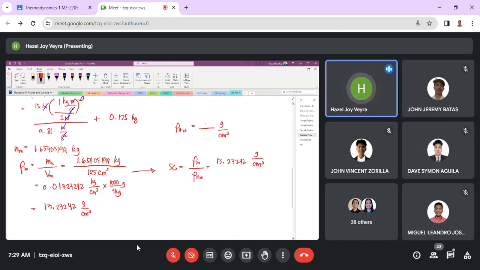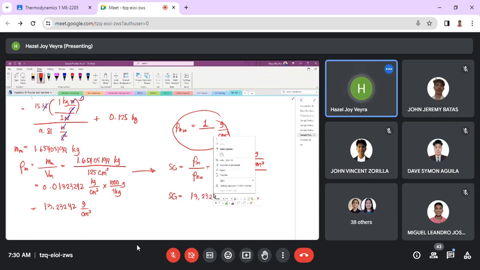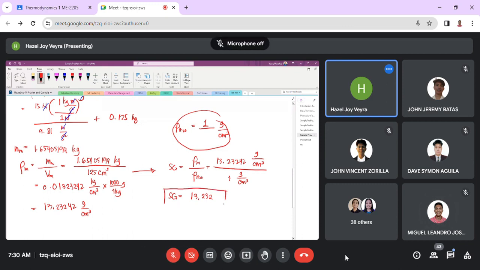So remember this: the density of water is 1 gram per cc. So our specific gravity is 13.232, just 3 decimal places. What's the unit for specific gravity? Correct. Very good.